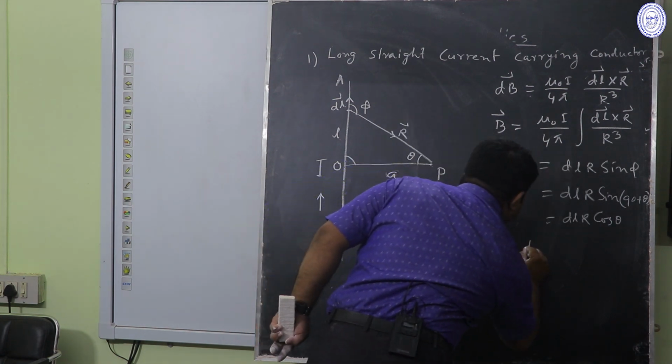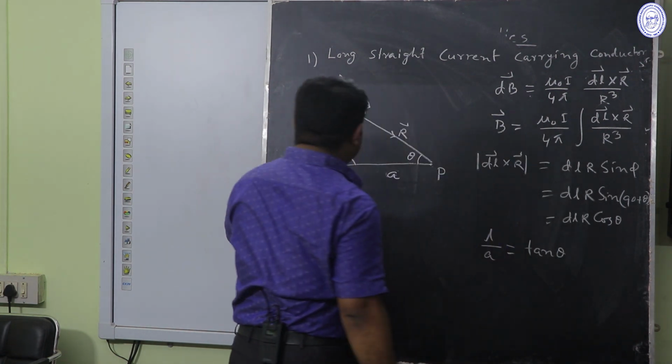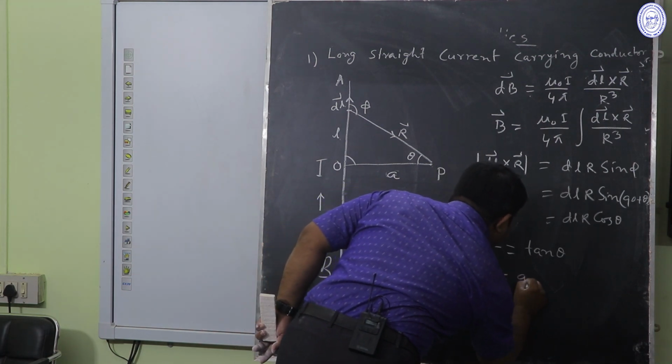And L by A is equal to tan theta, or L is equal to A tan theta.